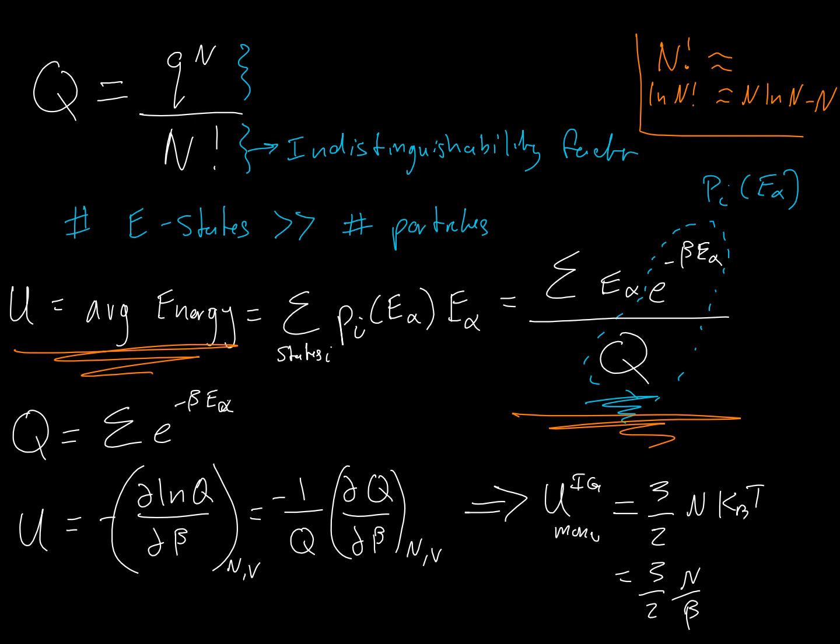Well, you get 3 over 2 R. So in this case, if N is equal to, let me erase all that. I'm messing that up big time. Yeah, so if N is equal to N_A, therefore U is equal to 3 halves RT.